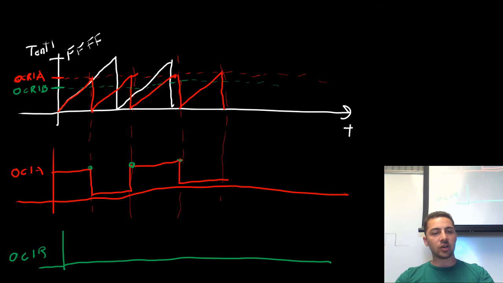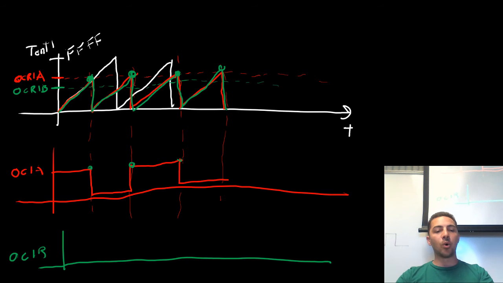If I start looking at the values that OC1B is going to happen, it's going to trace exactly over the red line because that's what the free running counter does. It only resets on the channel A number.